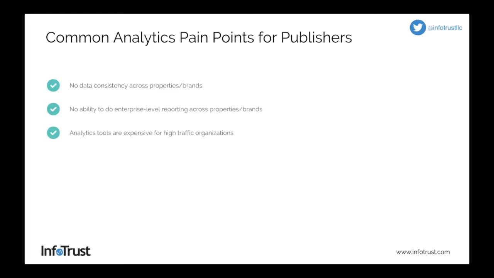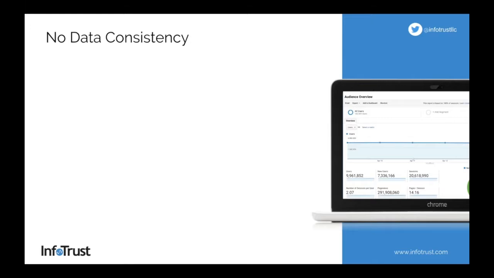We'll actually talk about some ways to help consolidate those different types of hits and the way that they're being billed. No insight into content's role in generating advertising revenue, another big piece, and the inability to deliver target audiences to advertisers. So the first section we're going to talk about is no data consistency across properties and brands.